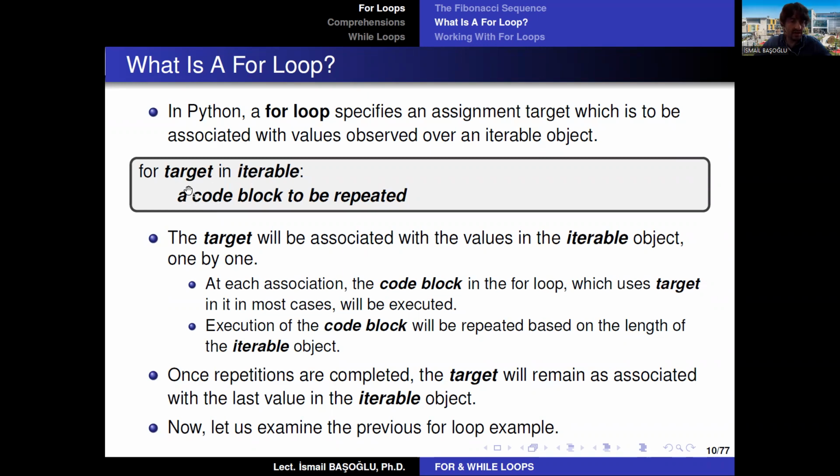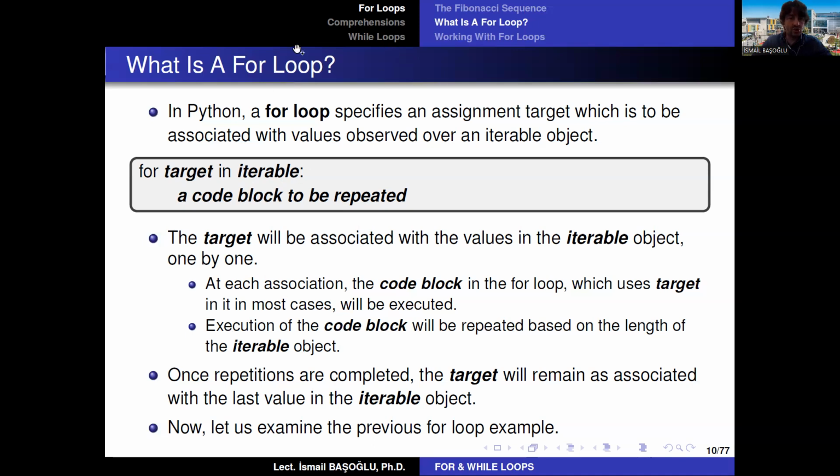During the code block, the target variable may or may not be a part of the code block. In any way, the total number of repetitions of the code block is equal to the size of the iterable object. Okay, so in a for loop, we know how many times the repetition of the code block will occur. So it is basically a deterministic number of times that the code block will be repeated.